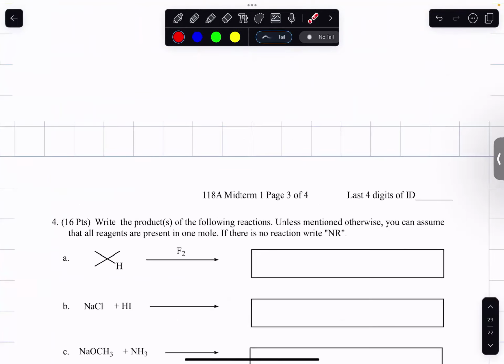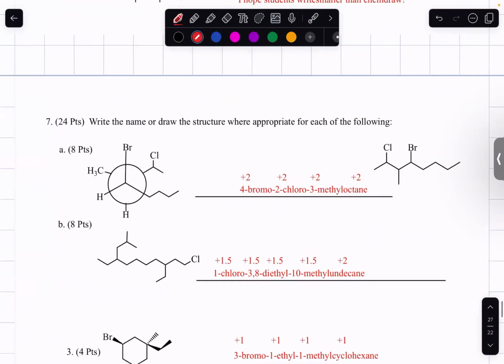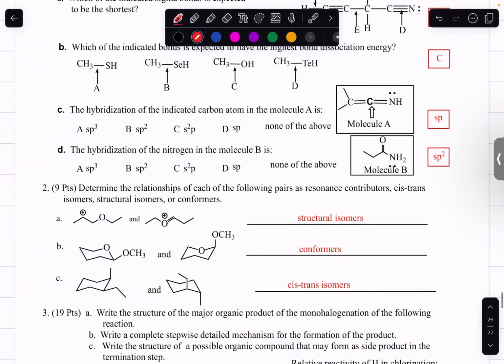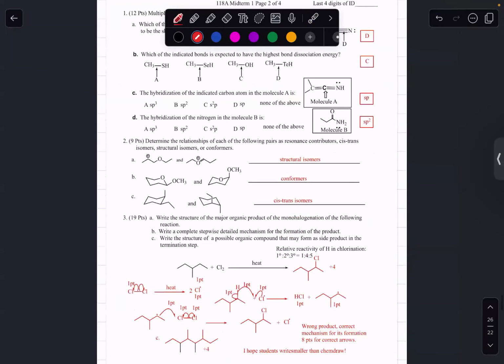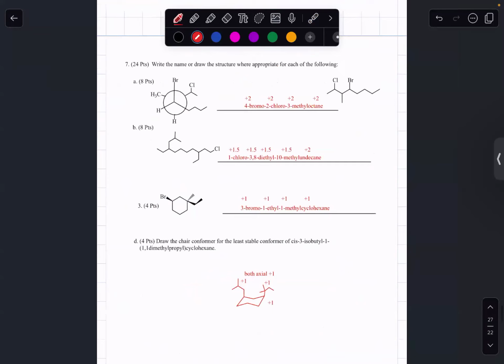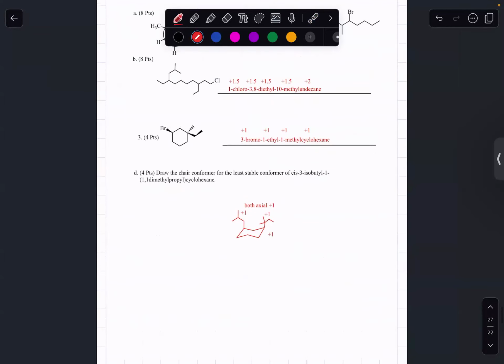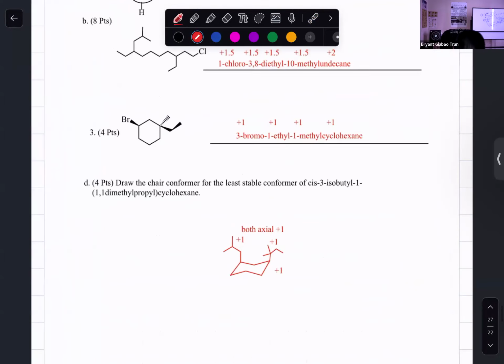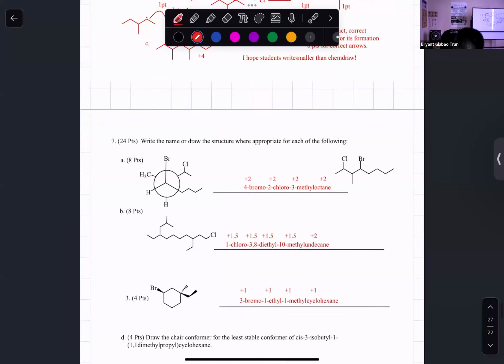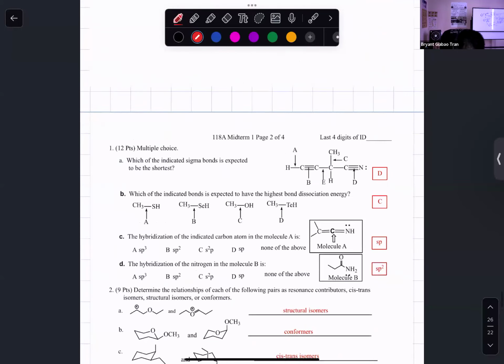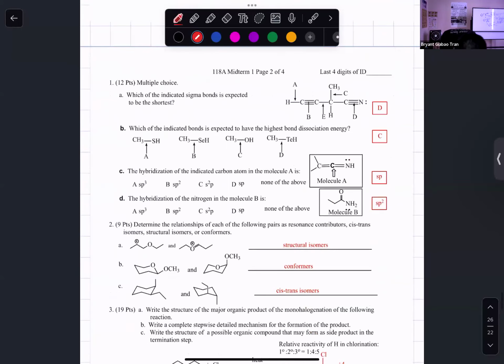She did make an announcement saying that for the practice midterm, she hasn't covered question 2C, question 2D, 4C, 4D, and 7D. Yeah, that's the conformer stuff. So that's good. Okay, so that won't be on the exam then.